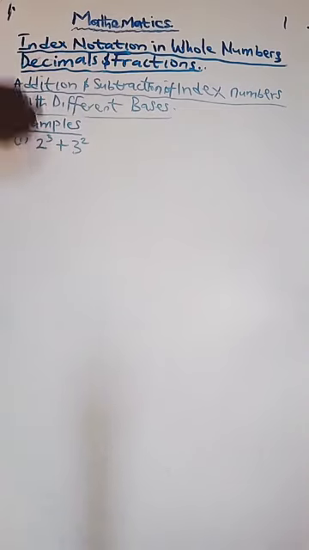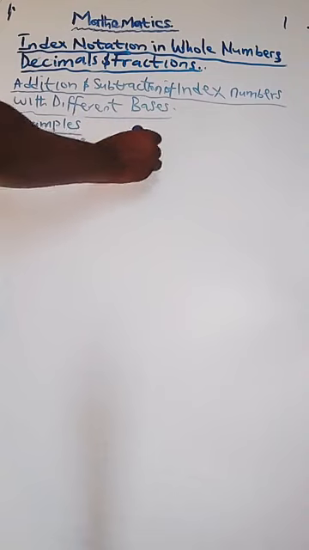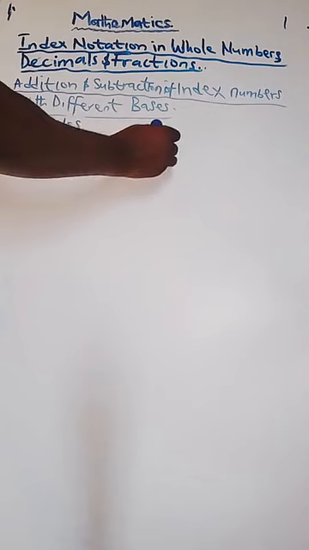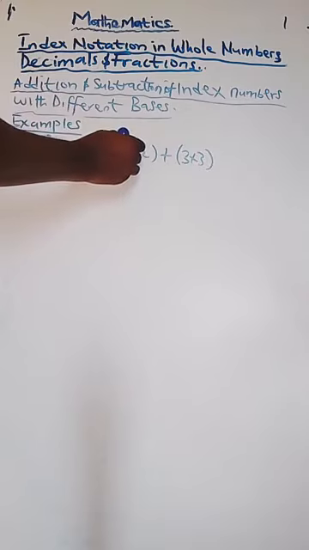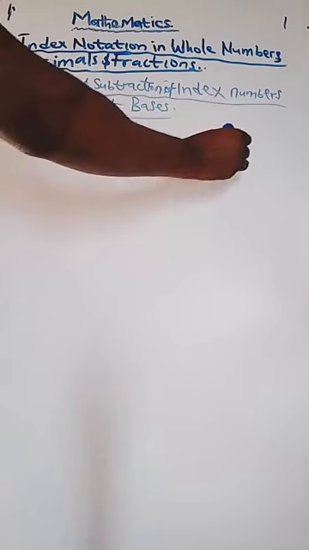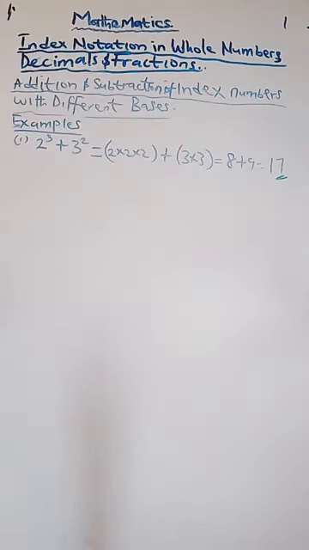Before you can add, you need to express them in multiplication form. Like this, 2 raised to power 3 is 2 times 2 times 2, right? 3 raised to power 2 is 3 times 3. 2 times 2, 4. 4 times 2, 8. This is 8. 3 times 3, 9. So this is 17. Alright?